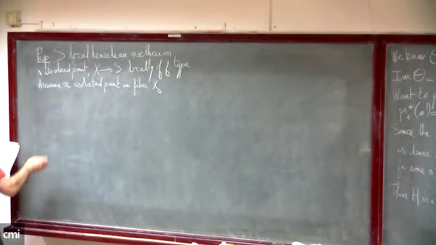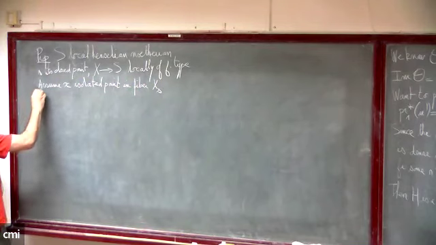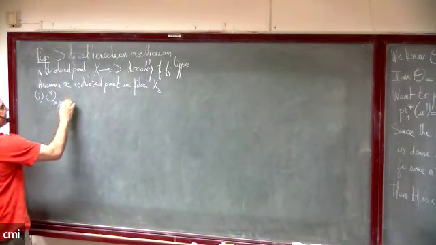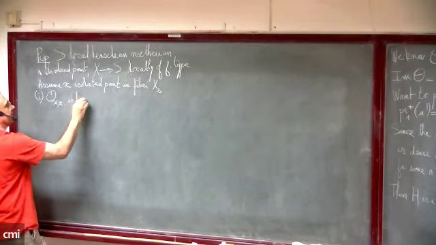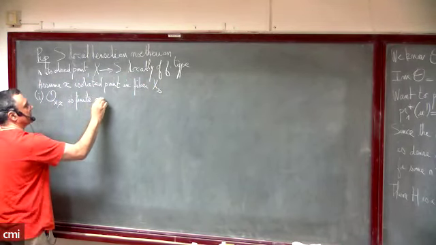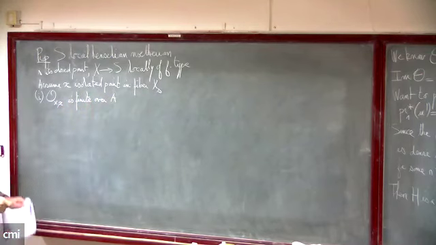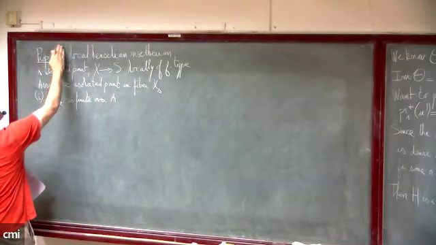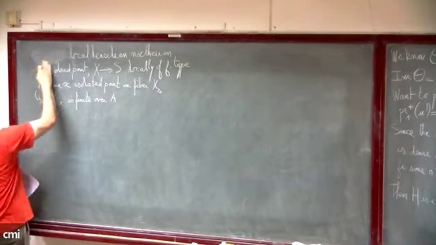Then the statement is that firstly, the local ring at x is finite over A.